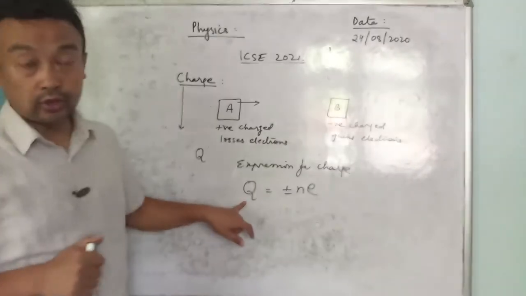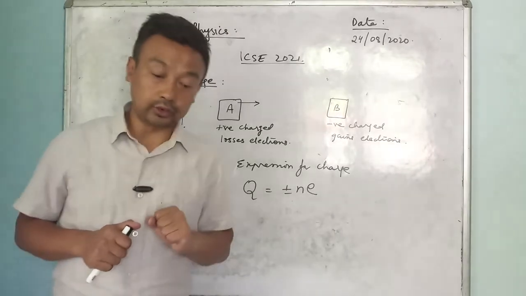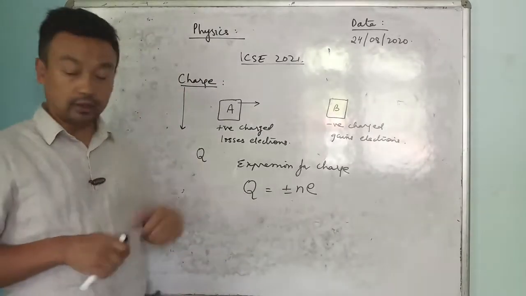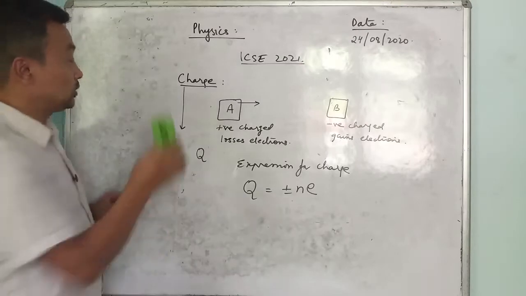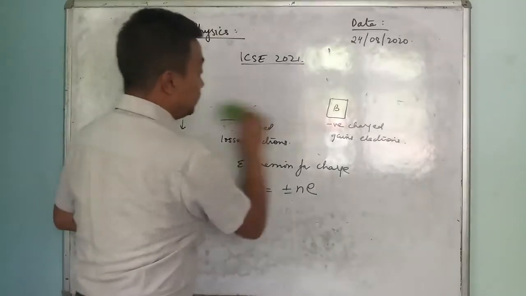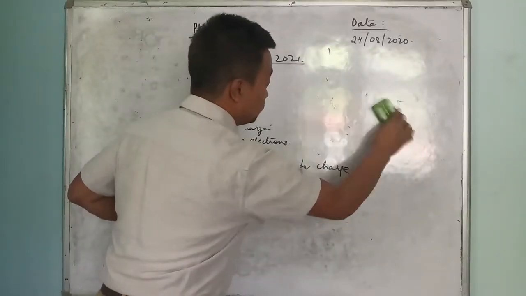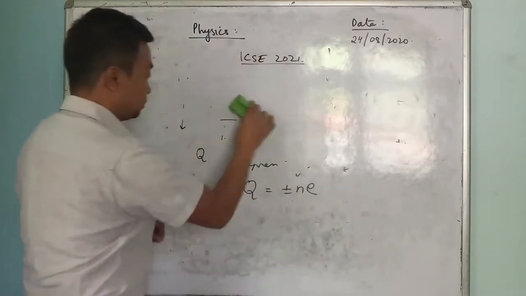Now this charge is a measurable quantity. It can be measured, so definitely it has a unit. So let us learn briefly the unit for the first quantity, that is charge.